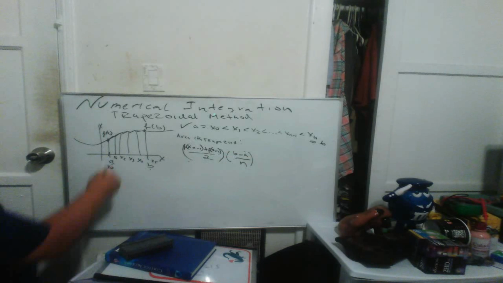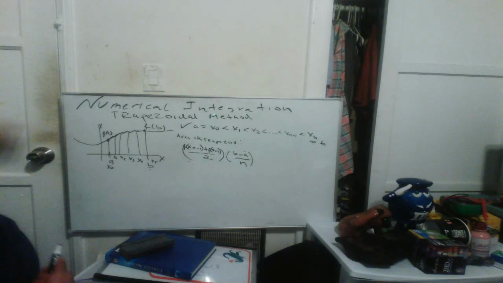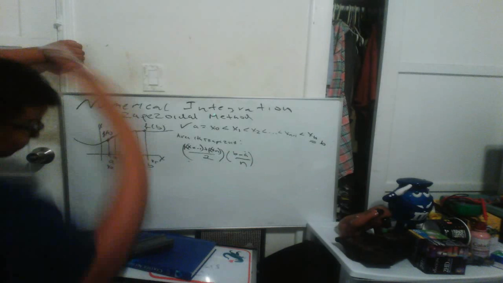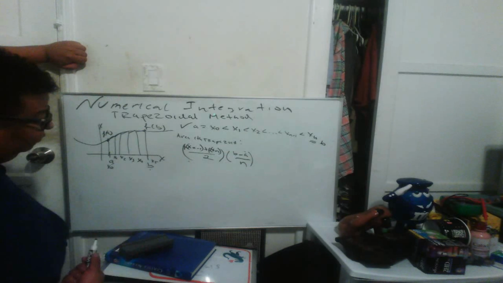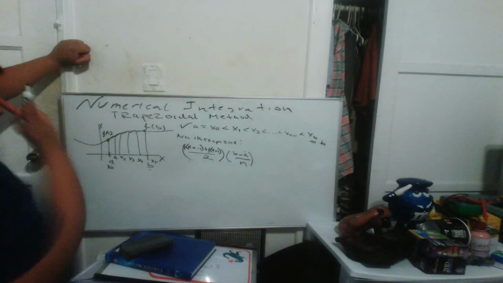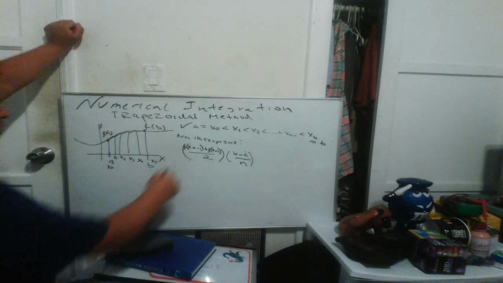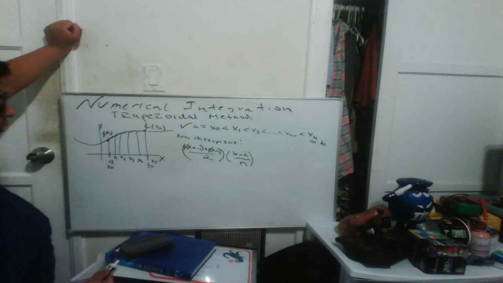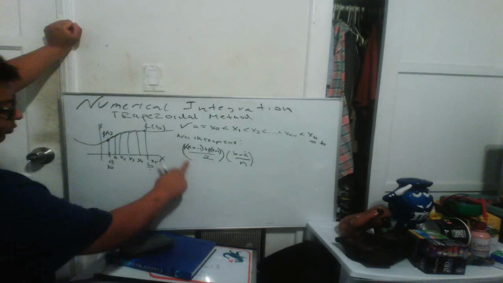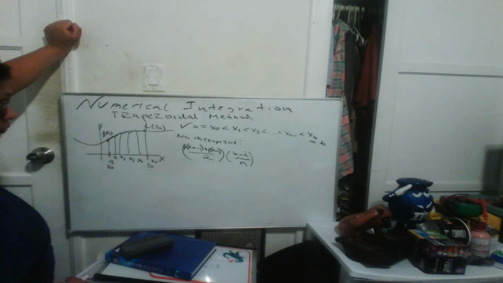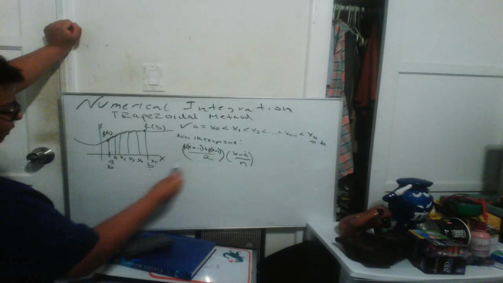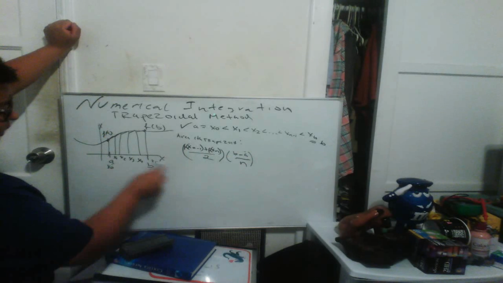But remember, we have to find the area under the curve. So this is one trapezoid. What we can do is sum up all of the heights and multiply.